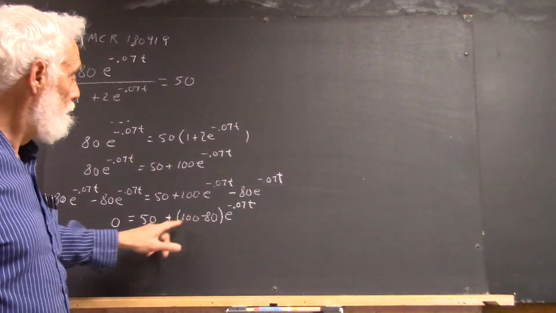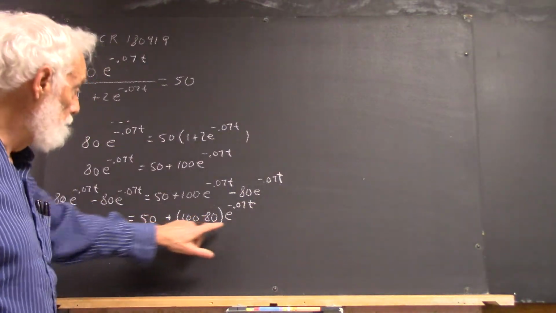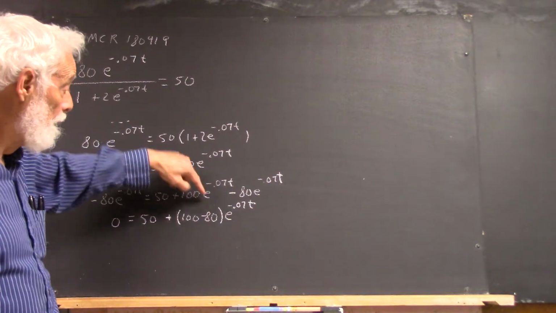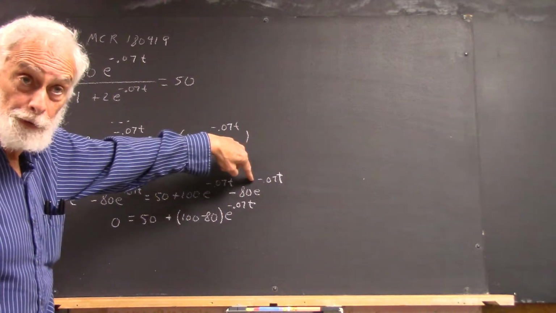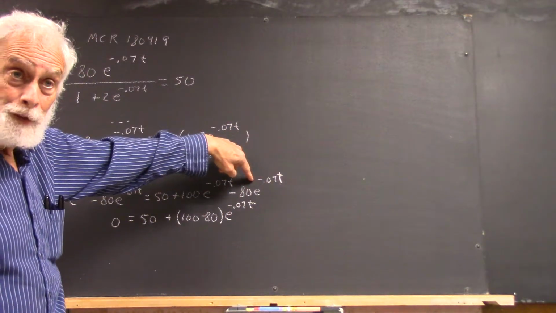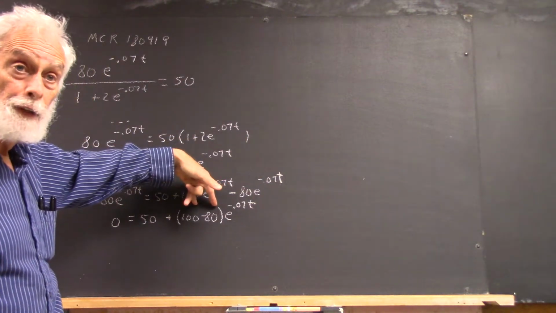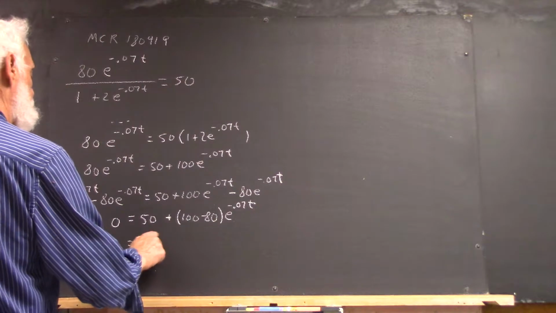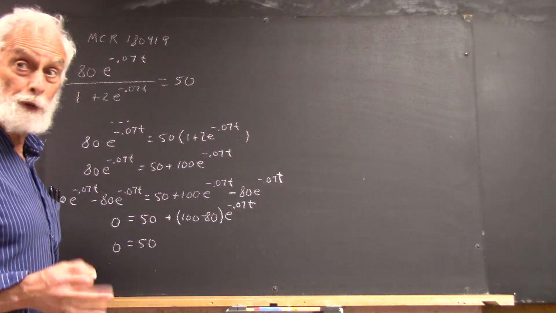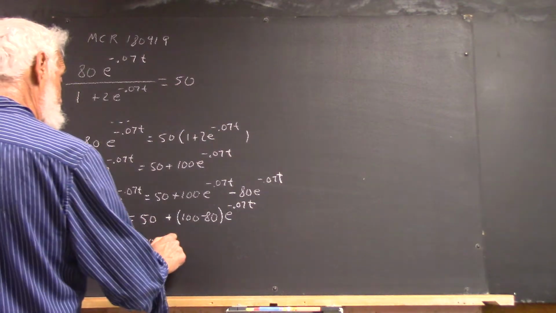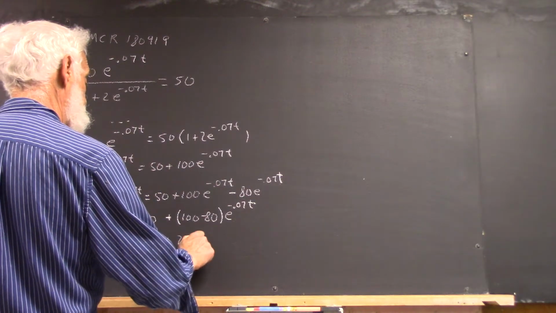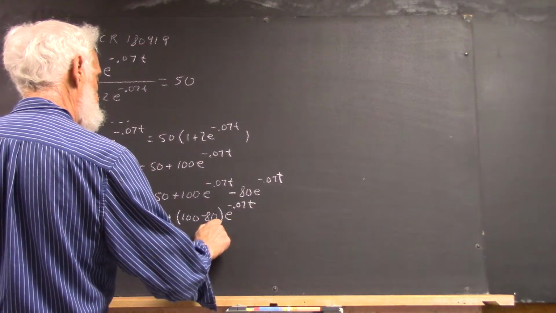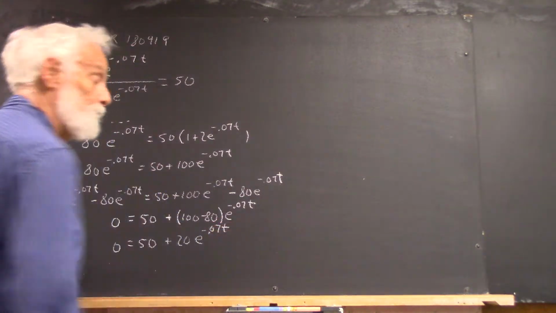Because you know that if you multiply this out, you're going to have 100 e to the negative 0.07t minus 80 e to the negative 0.07t, right? So the distributive law justifies doing this, which justifies then writing this the way you might or might not want to write it. But it's then plus 20 e to the negative 0.07t. Okay?